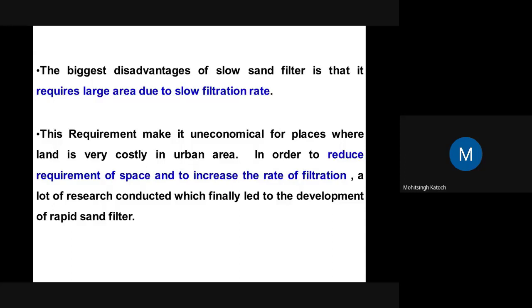In order to reduce requirement of space and to increase the rate of filtration, a lot of research was conducted, which finally led to the development of rapid sand filter. And because of this only, we can say that slow sand filters are an obsolete technology.